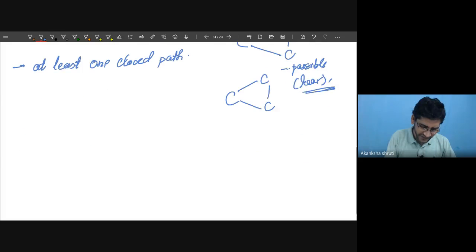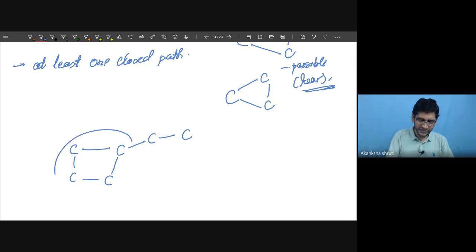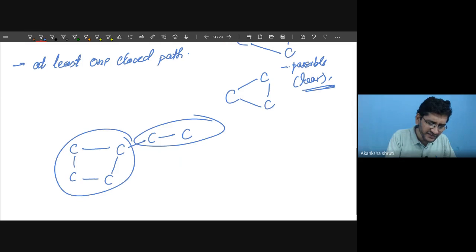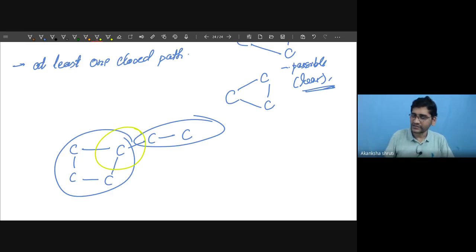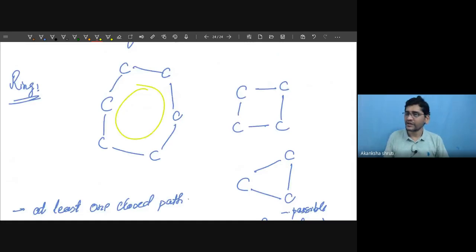Now combination. It is possible that one carbon is attached with the other, with the other, with the other, see, and this with the other. See, this is our ring and this is our another chain. So in this case, there is branching at this carbon, student. Here branching occurs. Is there a branch in any ring? No branching. Getting it?